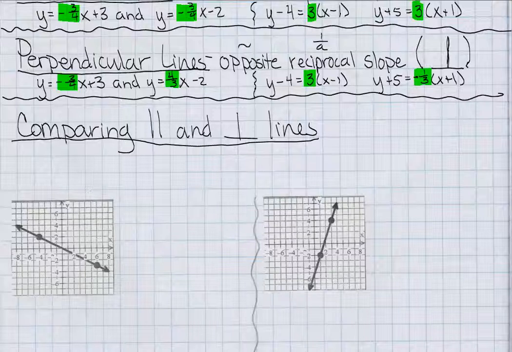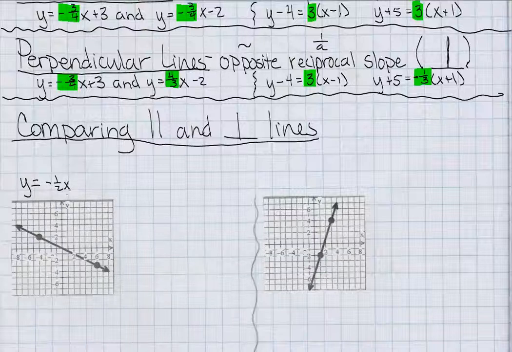Okay, so this top line, the first thing we need to do in order to compare lines is figure out, if you're given an equation, y equals negative 1/2 x plus 3 for the left one, and y equals negative 1/3 x plus 1.